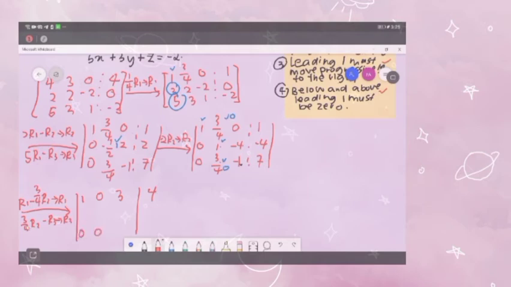Okay, so row number 2 times 3/4. Okay, 0 times 3/4 minus 0 is equal to 0. So 3/4 times 1 is 3/4, and times 3/4 is equal to 0.